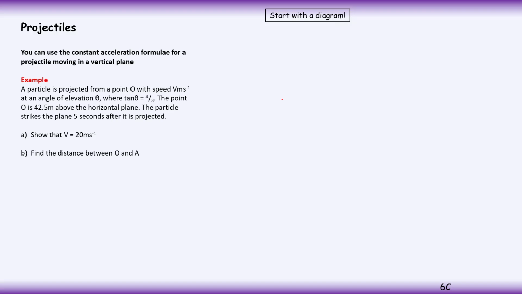So let's do that. There's our horizontal plane, and the particle is projected from a point O with v at an angle of theta degrees. Okay, there's our arc, then it gets to a point A there. Now, we've got to resolve this v horizontally and vertically.